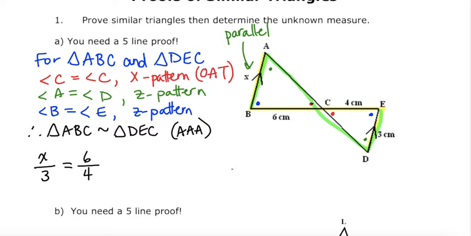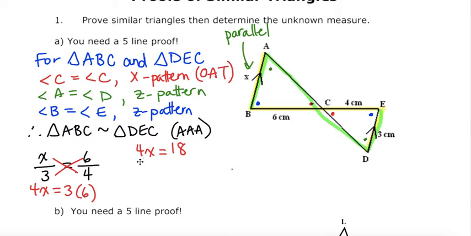So now I'm going to use cross multiplication. So 4 times X is equal to 3 times 6. 3 times 6 is 18.